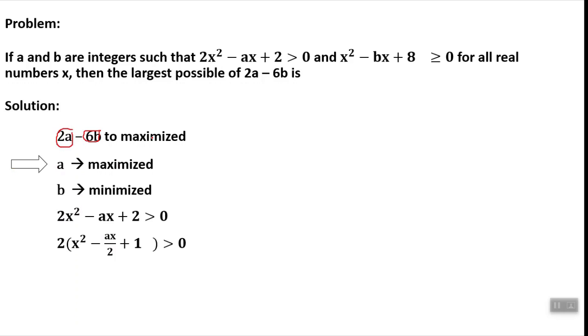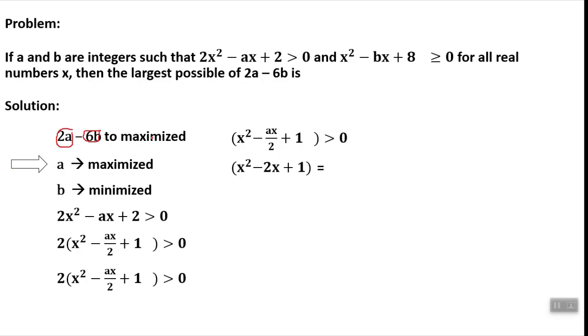First, let us analyze what will happen when we complete the square. I take the factor 2 outside, and what remains is x squared minus a by 2 times x plus 1 greater than 0. I can complete the square by taking a by 2 as equal to 2.